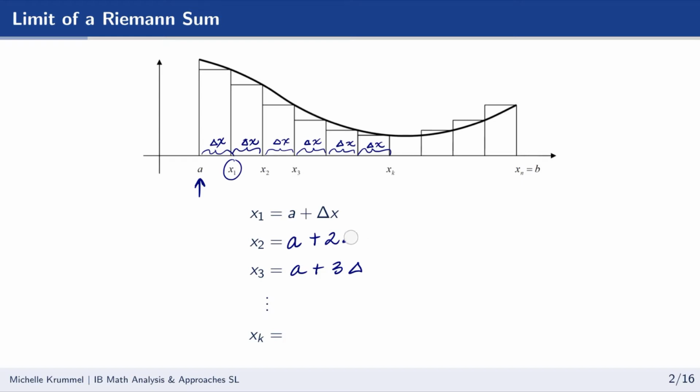Let's fix that: plus 2 delta x. There we go. Plus 3 delta x. And then to get to the kth x value, it's going to be a plus k times delta x. We have to add delta x k times from the starting point, which is a, to get to the right endpoint of the kth subinterval.